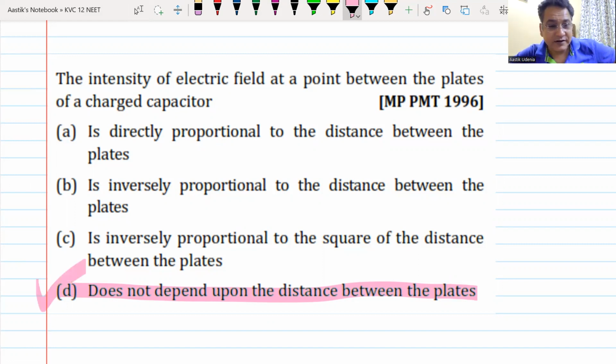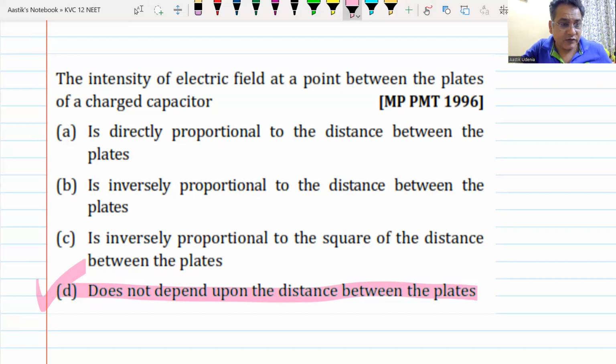Remember, the electric field between the plates of a capacitor is constant. It does not depend on anything. It only depends on the charge on the plates, nothing else. So please remember it and do not forget it.